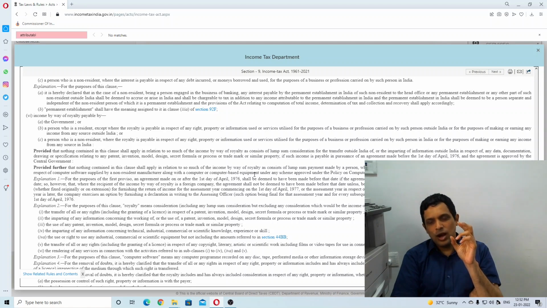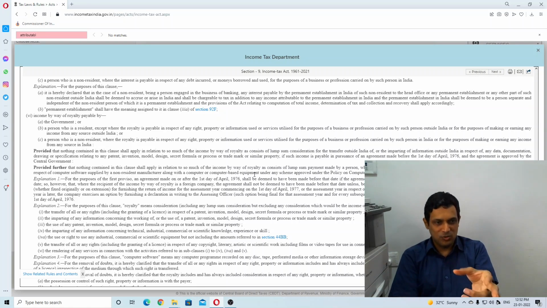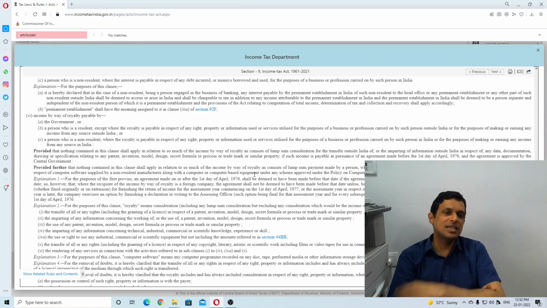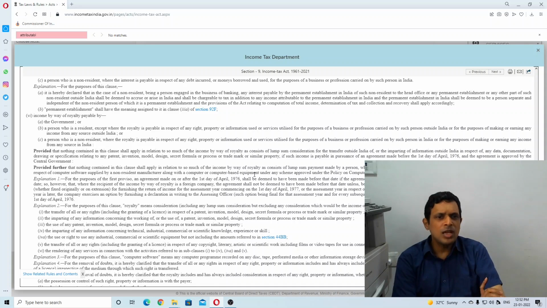If you understand this key difference between 9.1.1 and 9.1.6 and 9.1.7, which we are going to go into, I think you'll pretty much understand the idea of Section 9 itself. Now 9.1.6 says if it's income by way of royalty, paid by a person who is in India to a non-resident, then in such cases that income is deemed to accrue or arise in India.